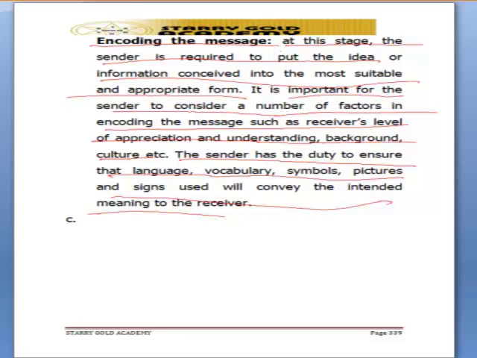Take for example, if the person you are sending a message to is, let's say, a poet writing a poem, and he targets kindergarten, or he targets children across primary schools and in their KG.